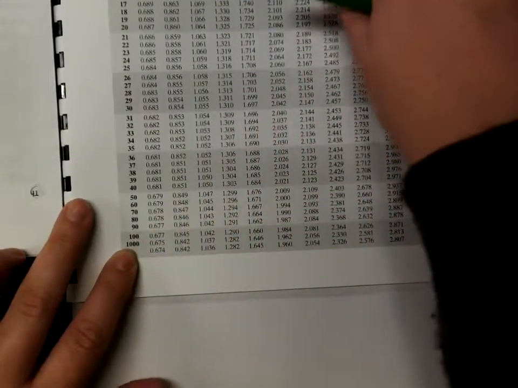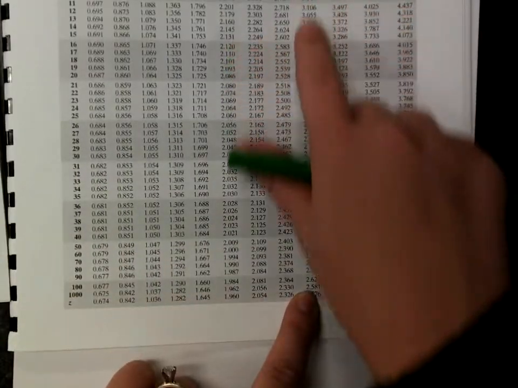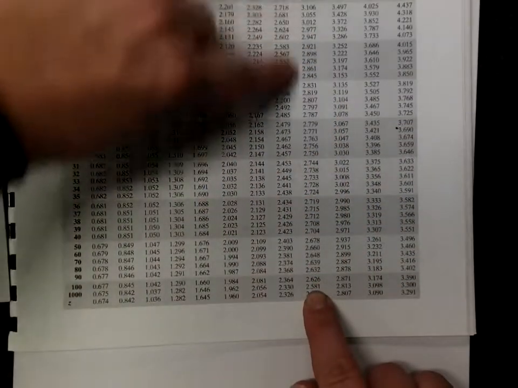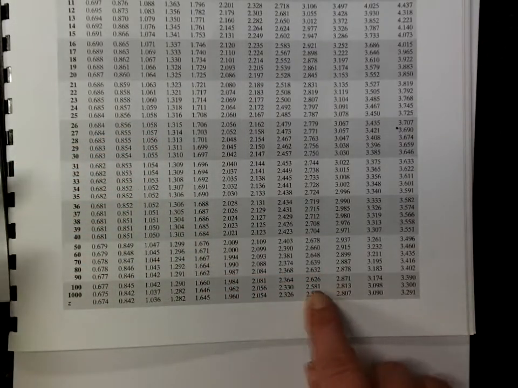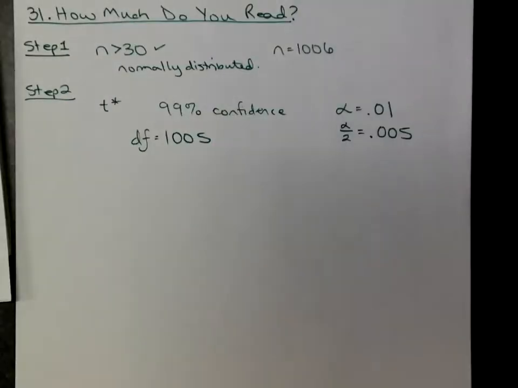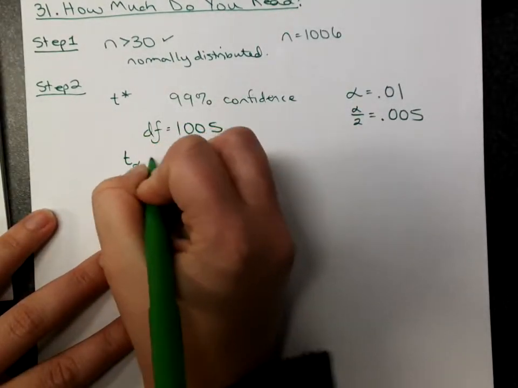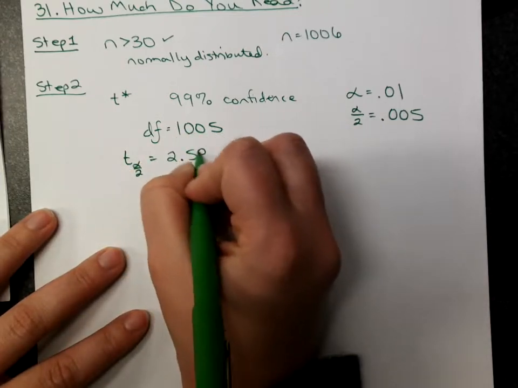Then we find our tail of 0.005 down to 1,000, 0.005, 2.581 is the critical value. Alright, so my T star, or T of alpha over 2, is 2.581.